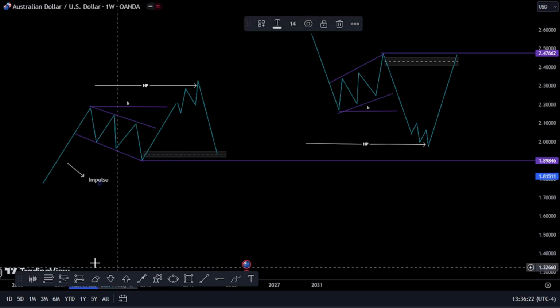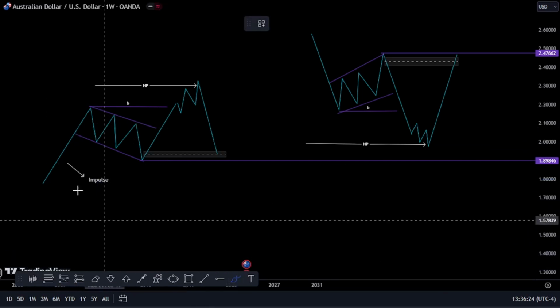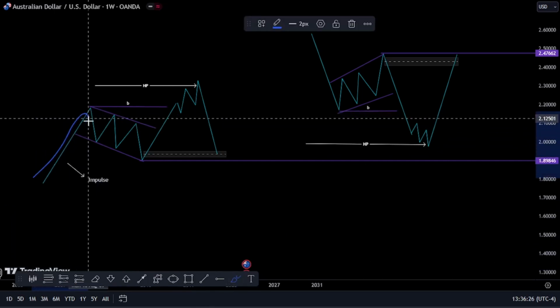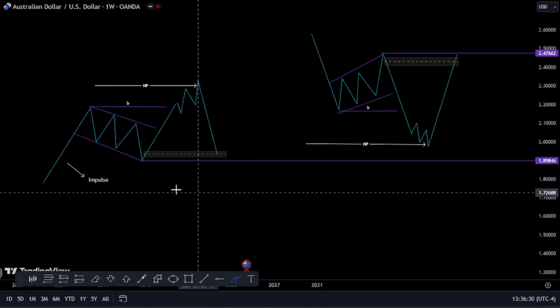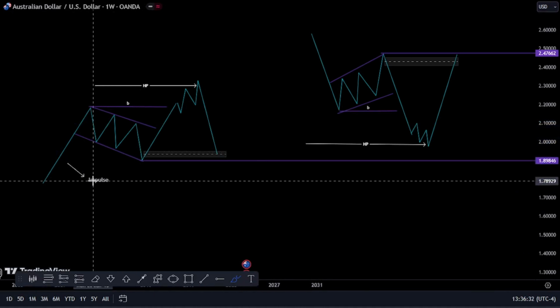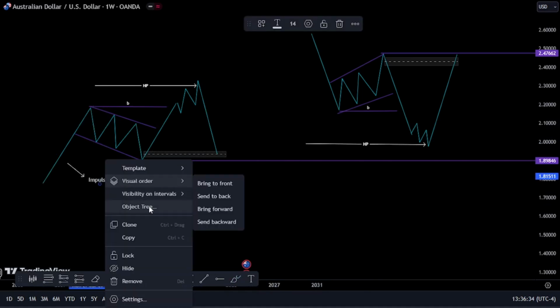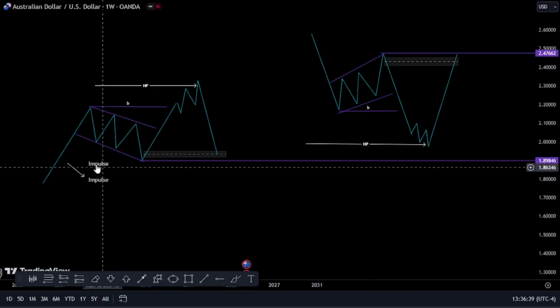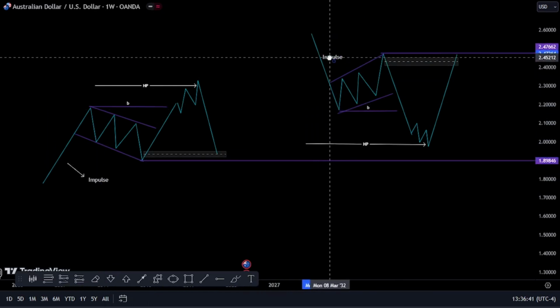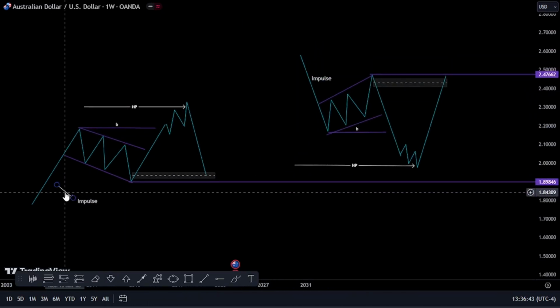You see, this first leg here is our impulse. That's when the move pushes up in high momentum. That's our impulse. This is our impulse also.